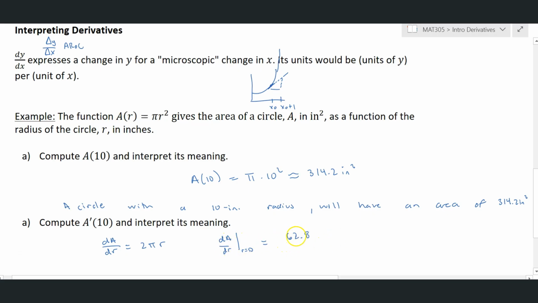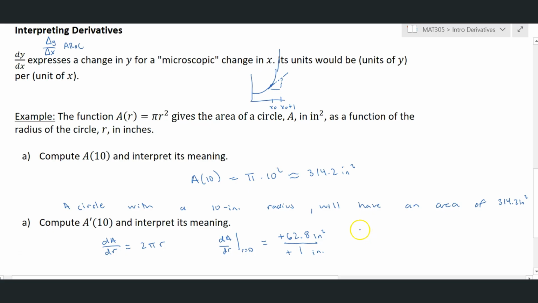And right now it only shows the change in one quantity, but we could always put it over 1. You can always take a number and put it over 1, and that expressly now gives you a comparison of one quantity to another. And this means that if you increase the radius by 1 inch, then you would expect a 62.8 square inch increase in the area.